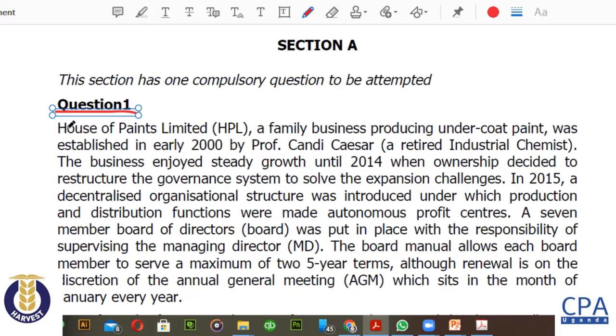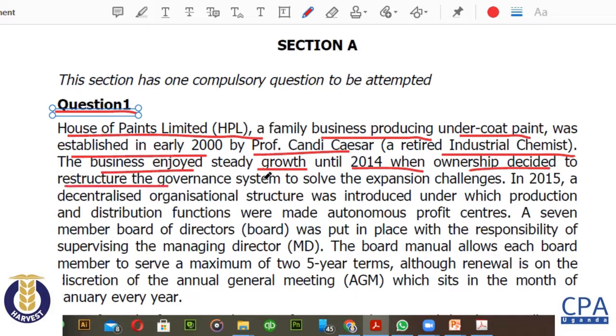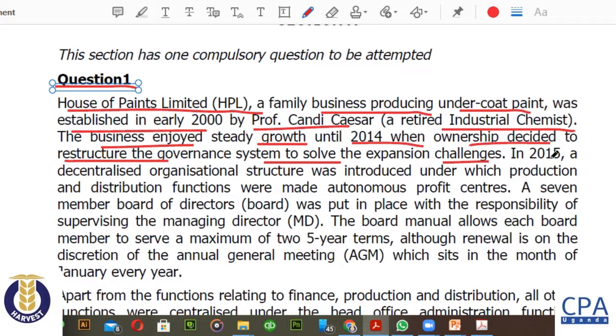So the question goes that House Paints Limited, a family business producing undercoat paint, was established in the early 2000s by Professor Candy Caesar. This guy is a retired industrial chemist. The business enjoyed steady growth until 2014, when the ownership decided to restructure the governance system to solve the expansion challenges.